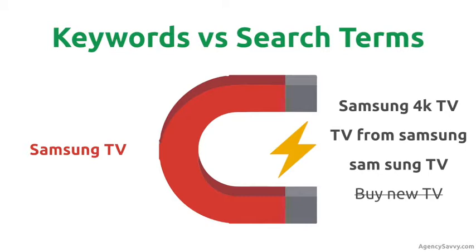Same with TV from Samsung, or the slightly misspelt Samsung TV. All of those three are a pretty close match to Samsung TV, and there's a good chance that I'll see your ad. But if I type in buy new TV, then, well, there's not really that close of a match there between the two, and I probably won't see your ad. In certain circumstances I might, but let's not worry about those now. I probably won't see your ad.